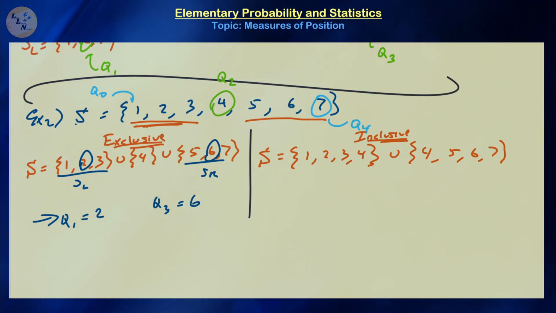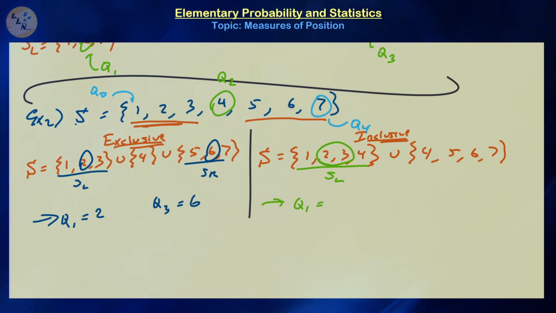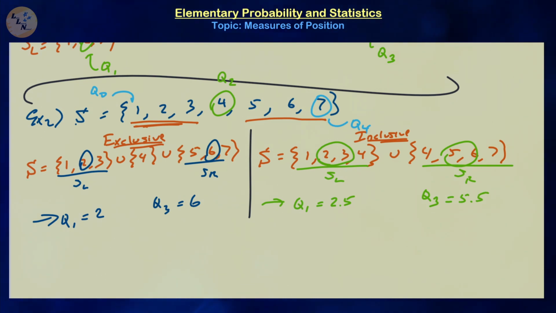And if we go over to the inclusive approach, the median of the left-hand side, so this is going to be SL, is going to be the average of 2 and 3. So Q1 is going to be equal to 2.5, and Q3 is going to be the average of the middle two of SR, so that's going to be equal to 5.5.